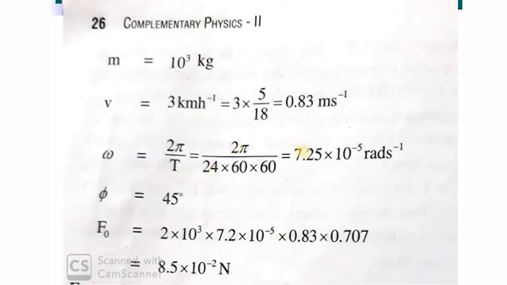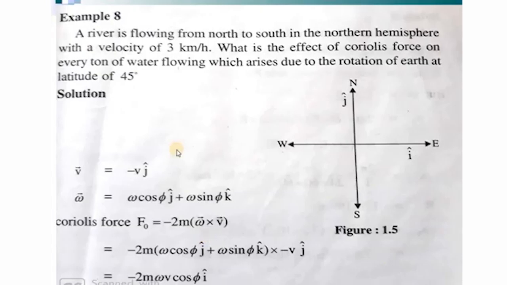Right, that will be the time period. Time for one complete rotation is 24 hours, and you have to convert it into seconds, that is 60 into 60. So my answer for omega will be 7.25 into 10 raised to minus 5 radians per second, and phi is 45 degrees.